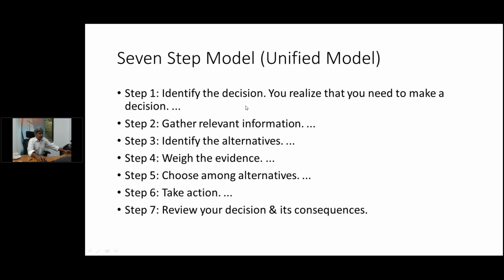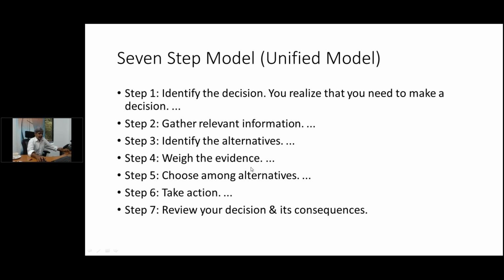Now here is the unified model. If we go very quickly through these: identify the decisions, you realize that you need to make a decision. In fact, that is a problem that we need to identify. Then we need to gather relevant information. Once we have the information, on that basis we can generate different alternatives. Then we need to weigh the evidence against the selected criteria.